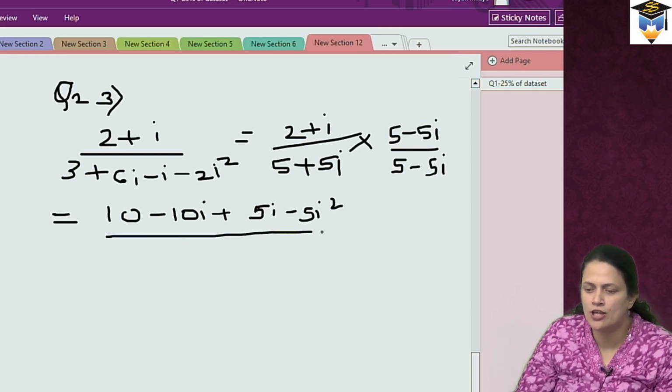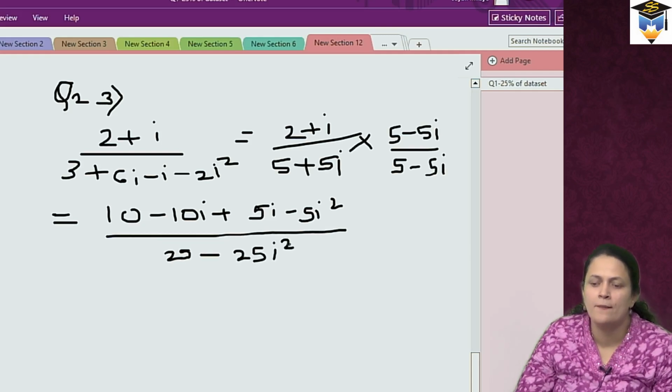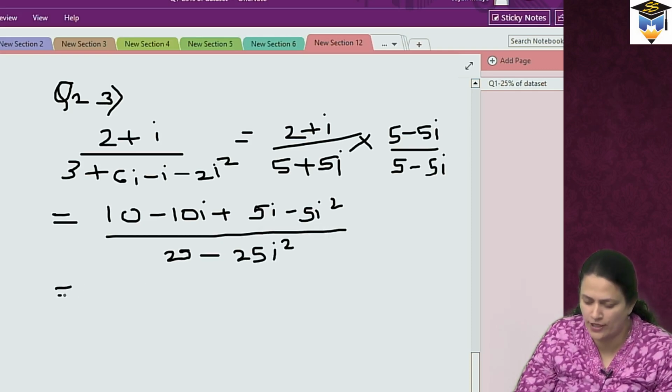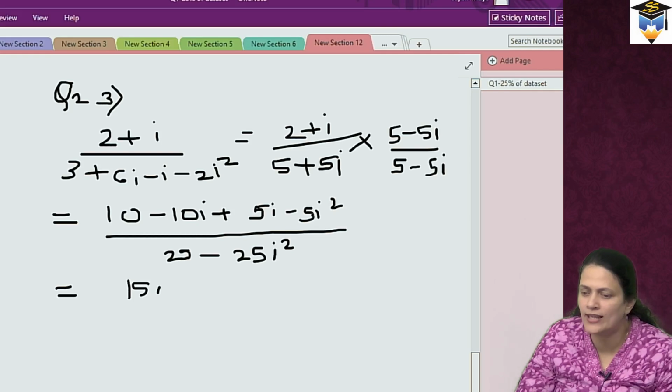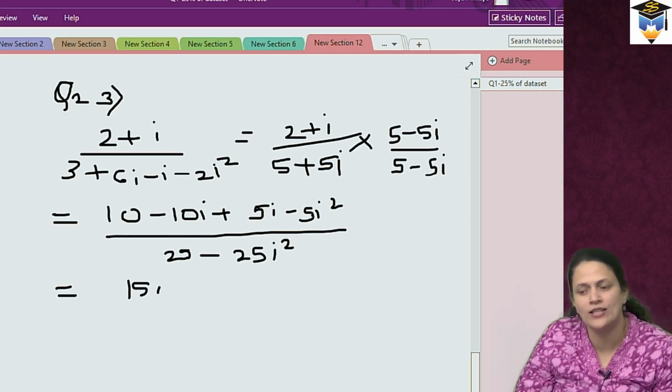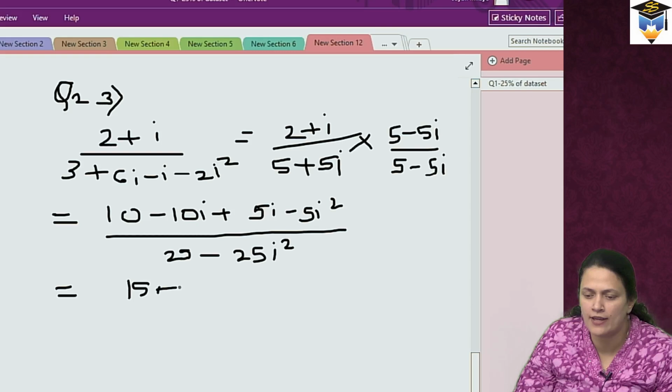So that can be solved as a square minus b square. So 25i square. So that is going to give us plus 25. So 25 plus 25 is 50. So we get 50 in the denominator. Numerator 15, because this, see here, minus 5i square can be written as minus 5 into minus 1. So that becomes plus. So this is going to be 15 and minus 10i plus 5i is minus 5i.